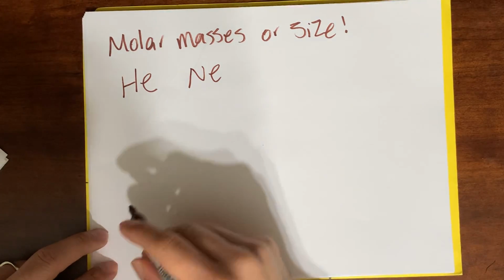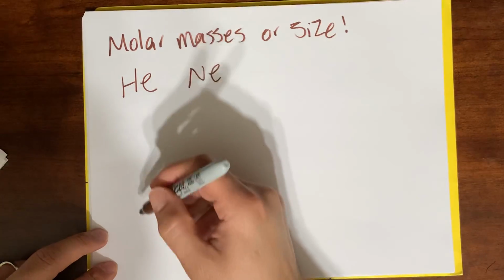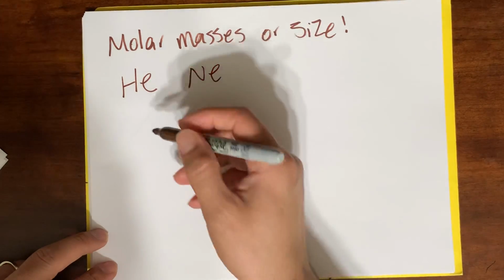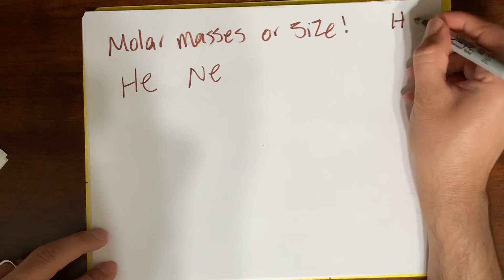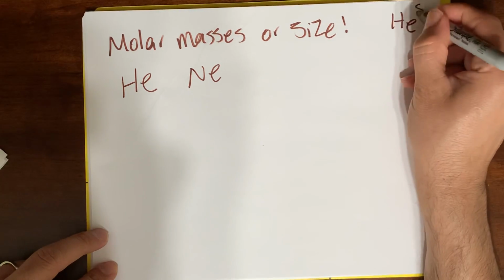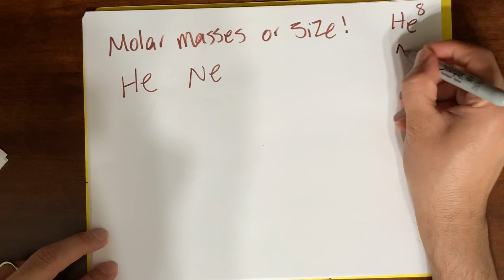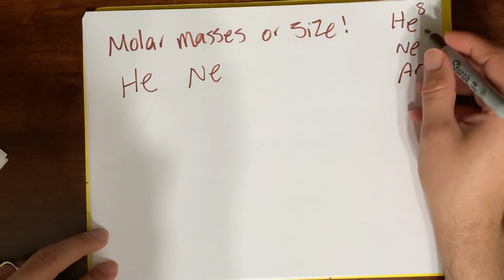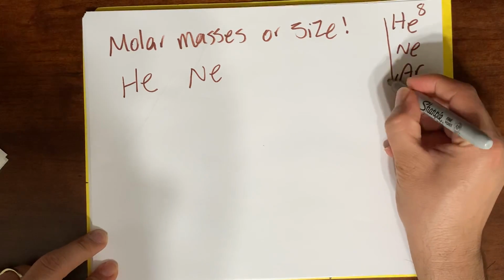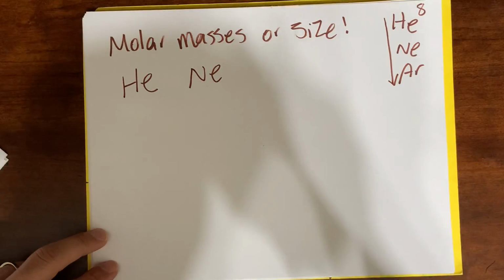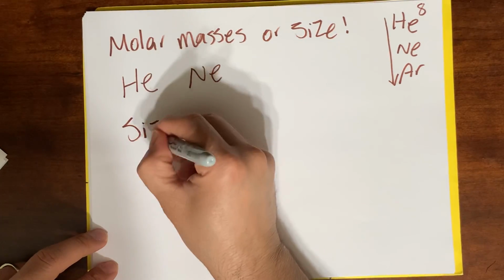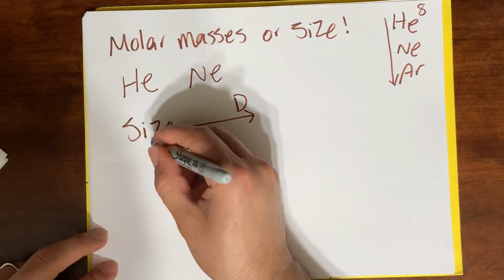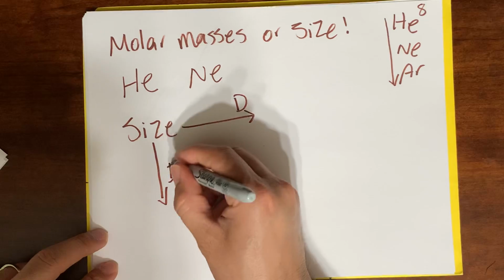I know when we go down in one group, size increases. So in group 8, or 18, we have helium, and then neon, then argon. When you go down inside the group, size increases. So I can say size decreases toward the right side of the periodic table, and increases down in any group.